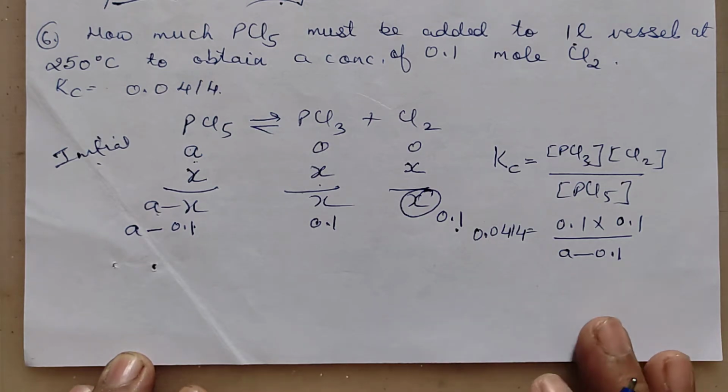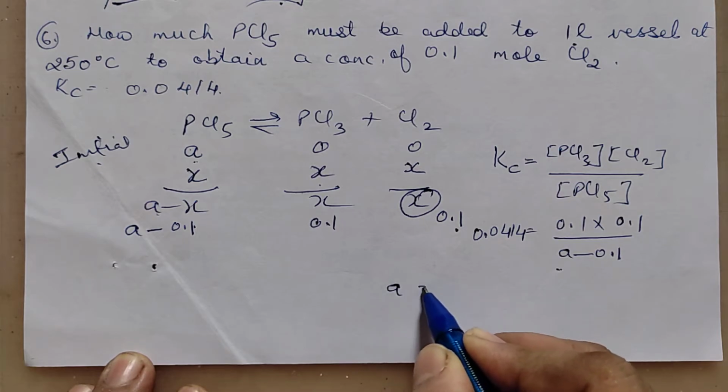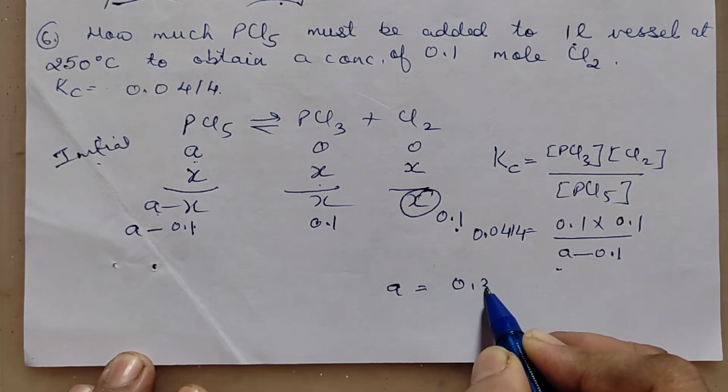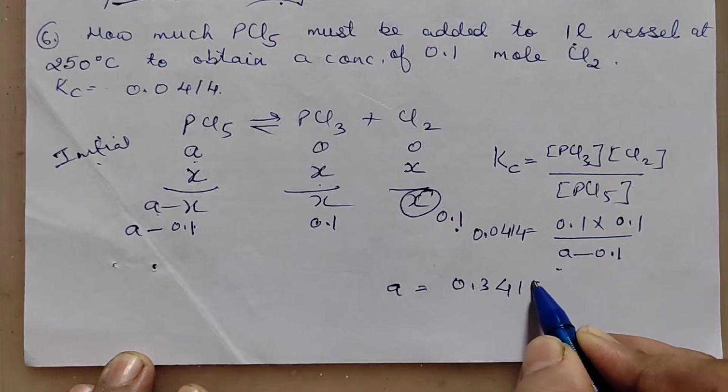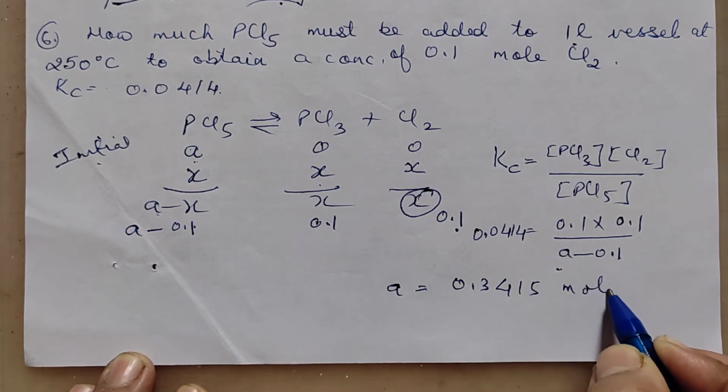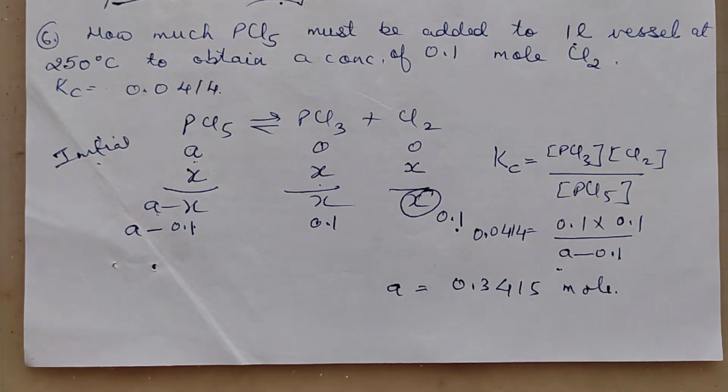Now we need to just solve this to get the value for A. So if we solve, 0.3415 mole you are getting. Got it? The whole question is in one frame. Please see.